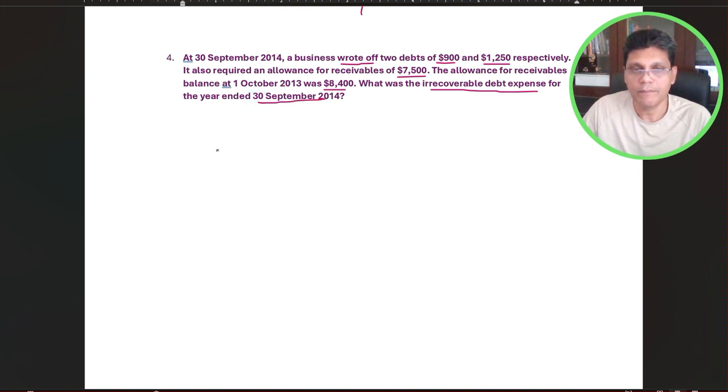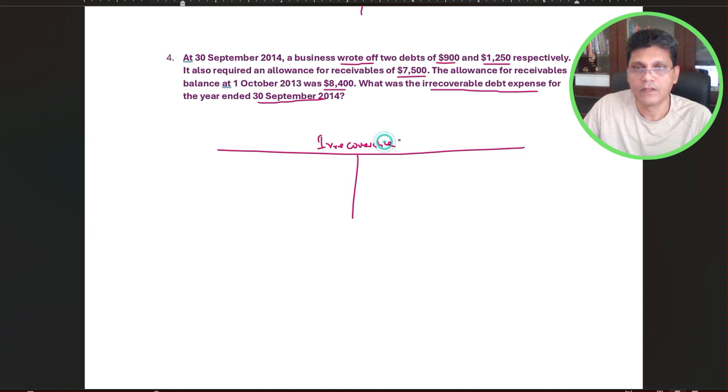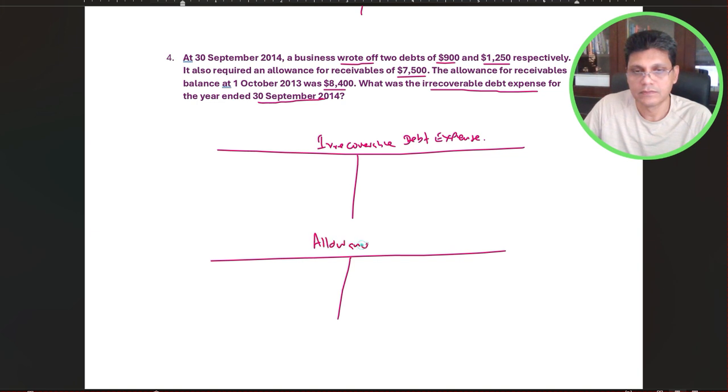So let's open up this account, the irrecoverable debt expenses account. And also we need the allowance for receivable, so this is the provision account.